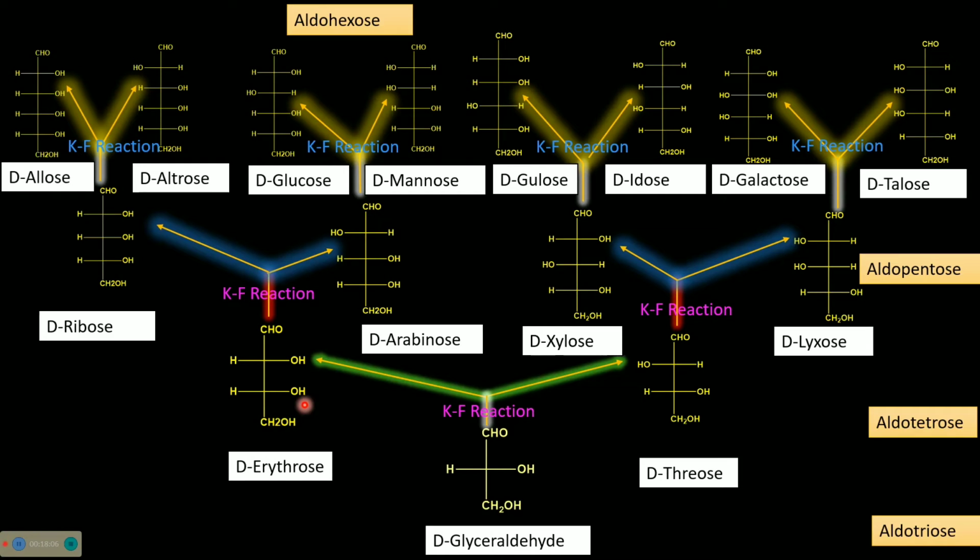So now I will show you the easiest way of drawing all the products, the higher homologs. In the products of the Killiani-Fischer reaction, the stereochemistry will be the same from the bottom side, and there will be an extra chiral center just below the aldehyde group.